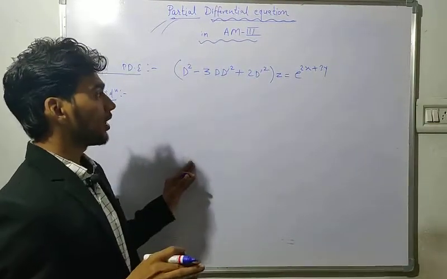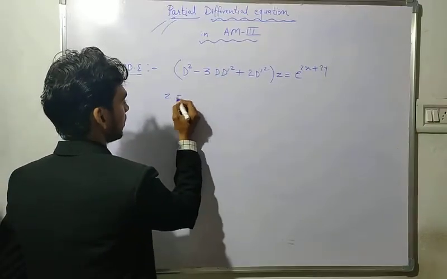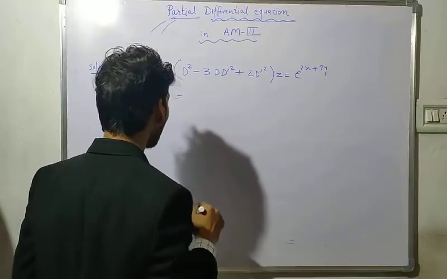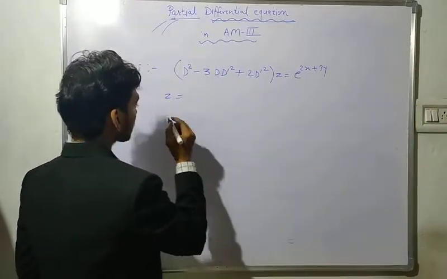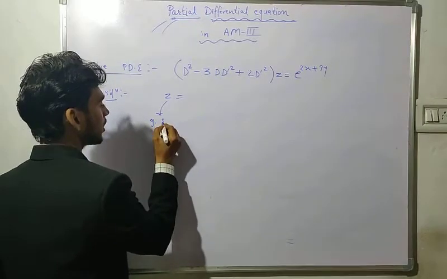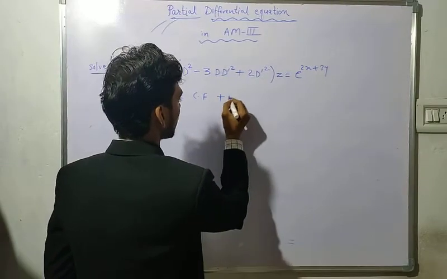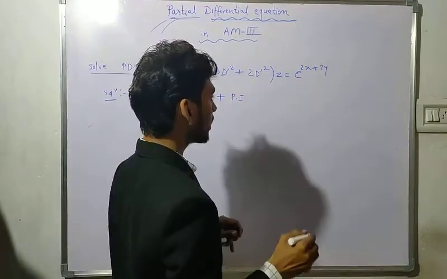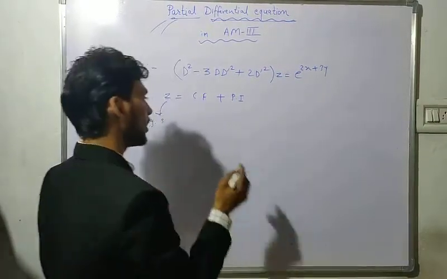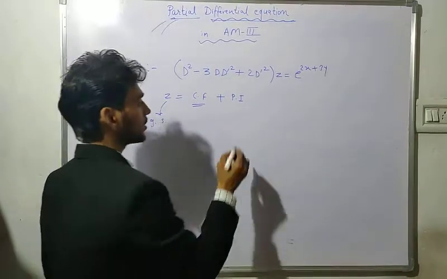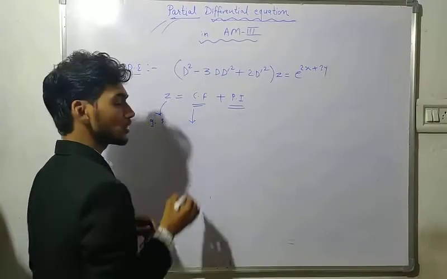In order to find the solution, we have to find the complementary function and the particular integral. z, that is the general solution, has two parts: first the complementary function plus second the particular integral, because the right hand side function is not equal to 0. Now just recall how to find the complementary function.